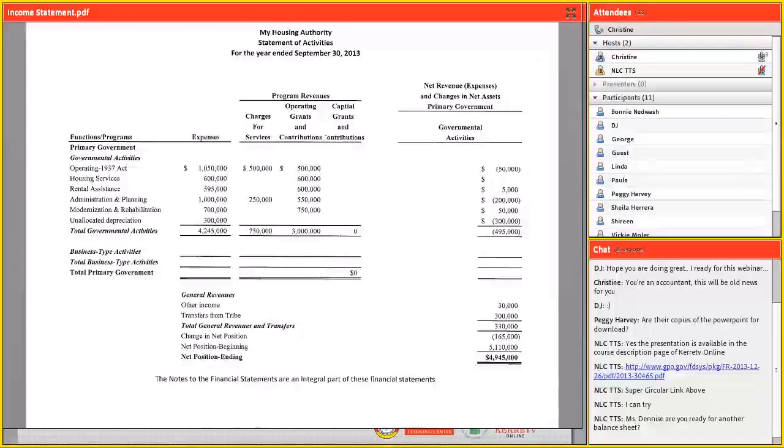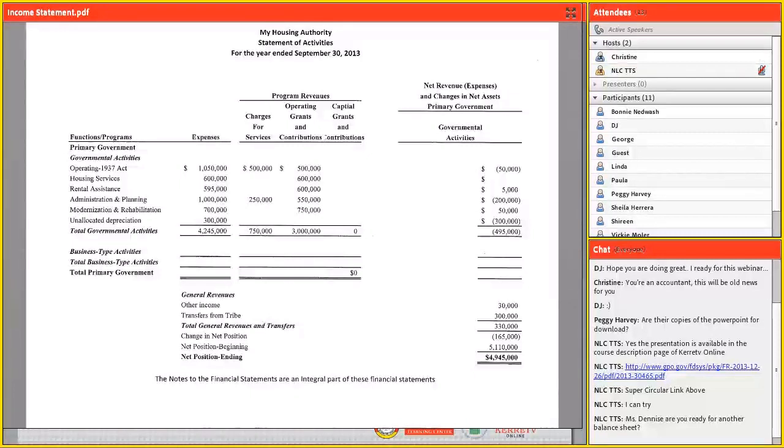This is just the basic statement of activities. And if you look at the net position ending, you will note that it ties back to the balance sheet we looked at with the total net position. Okay? We have our expenses.